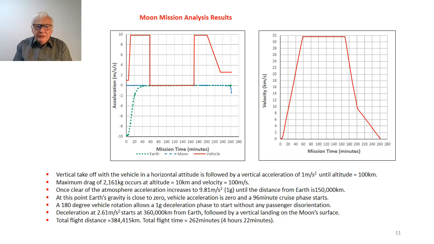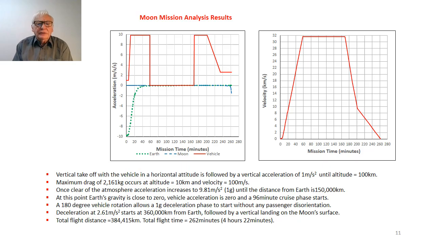Now, at the end of the cruise phase, we rotate the vehicle 180 degrees, which allows a 1G deceleration phase to start. And this can be carried out without any passenger disorientation, because they're merely being pushed back into their seats at the 1G level that they've been used to on Earth.